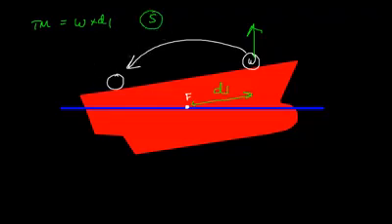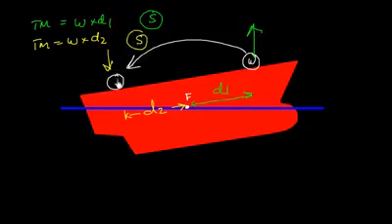Now if I load this weight here, its distance is D2, let's say, from the center of flotation. So my trimming moment is going to be W into D2, again by astern, because in the aft the draft is increasing and the forward draft is reducing.